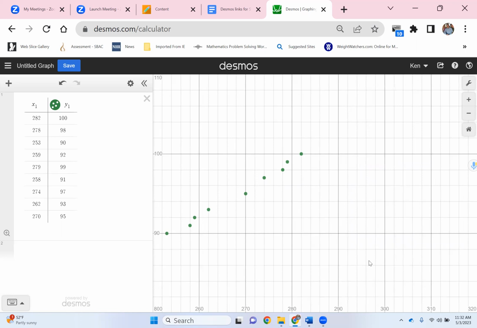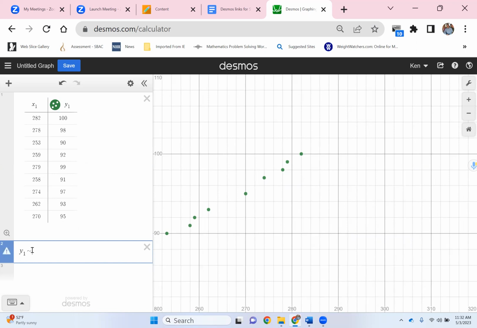So what we want to do now is find the line of best fit, which is also called the regression line. So that's Y equals MX plus B. But we're not going to use Y, we're going to use Y1. So copy that. And we say Control V, Y1. Now, we're not going to use equal, we're going to use the tilde.